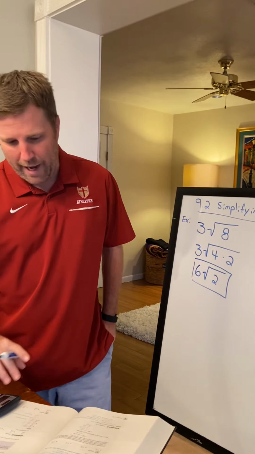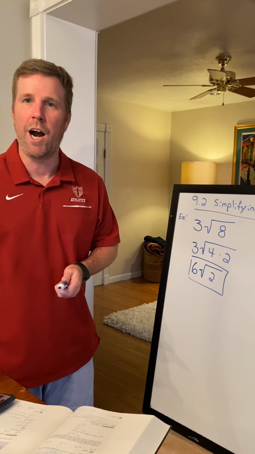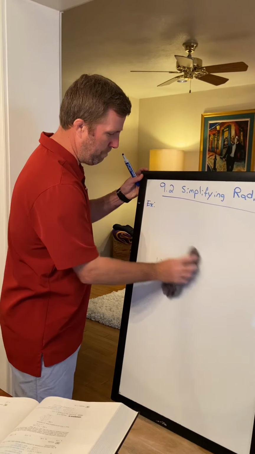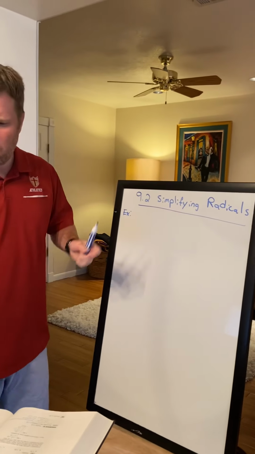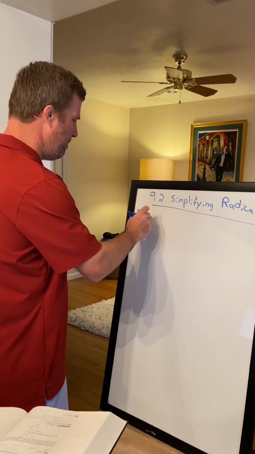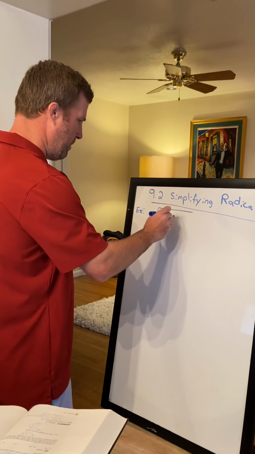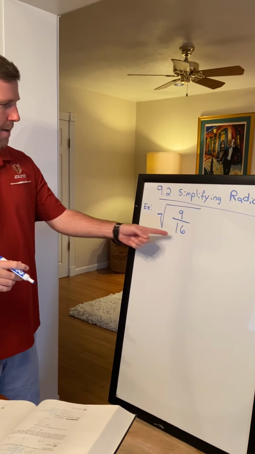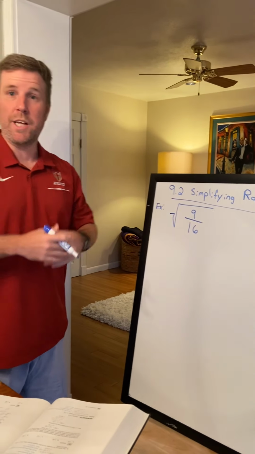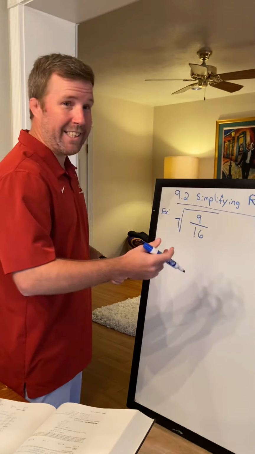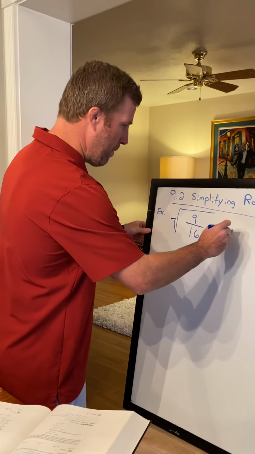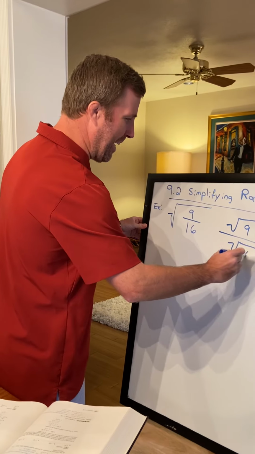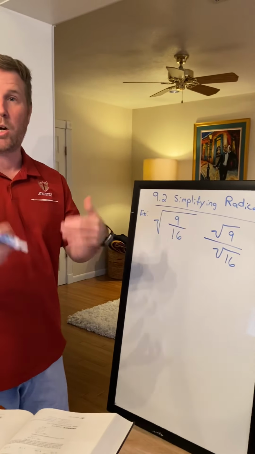Now, what happens when we have fractions inside of our square root? We've gone over this. If they're perfect squares, it's no big deal at all. Okay? If I have a fraction underneath our square root, there's a rule that states that we can write this as the square root of 9 divided by the square root of 16. This is called our quotient rule.